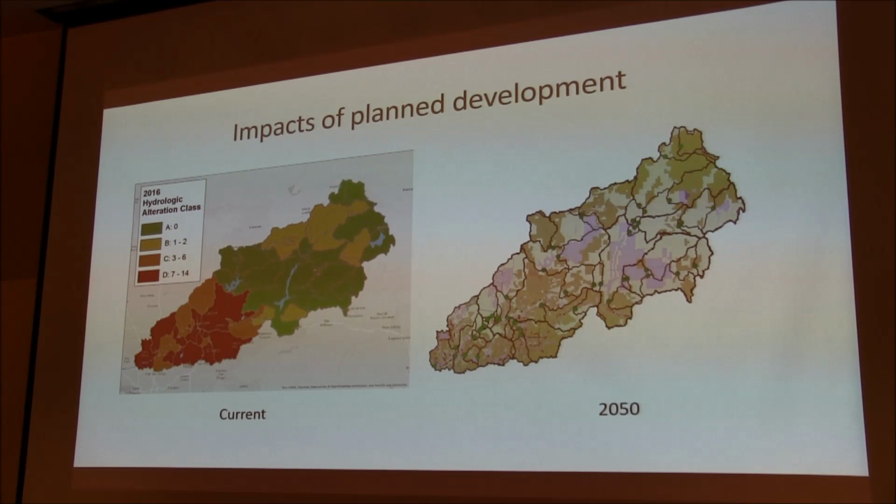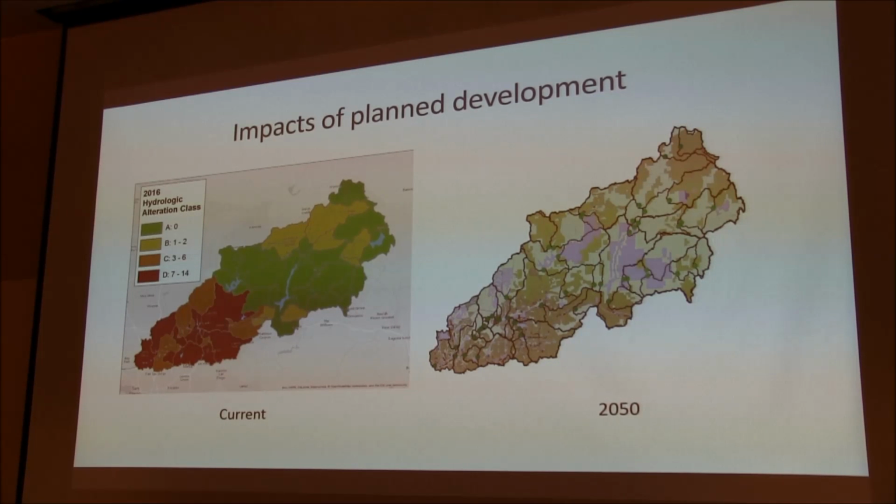This is a map of all the different catchments in the San Diego River, and the yellow and the green sites in the upper watershed show that there's not too much alteration going on there. And that's good because, again, this is the source of most of the drinking water for the city of San Diego. However, the county plan stipulates quite a bit of development in this watershed.